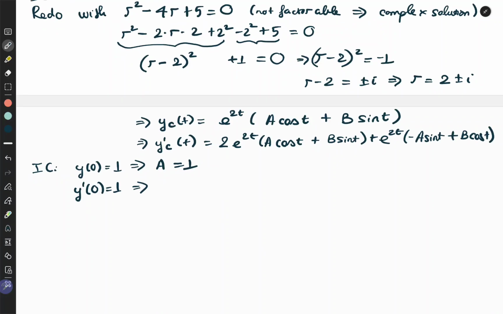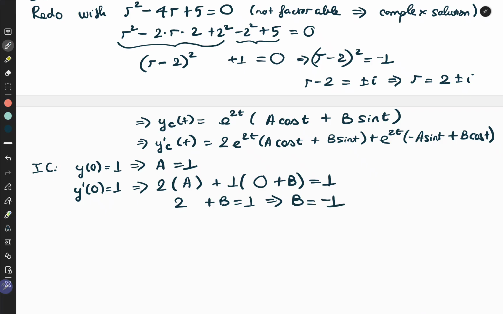So if y prime is equal to 1, I have 2 times a plus, that would be negative 0, right? Just 0 plus b equals 1. Because a is 1, that is 2 plus b equals 1, so b equals negative 1. So yeah, our solution: a is 1, b is negative 1.